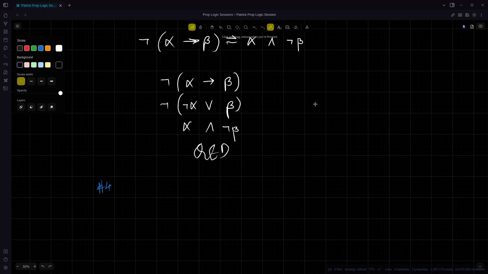And there are proof strategies. For example, let's say there's some argument: P implies Q, P, therefore Q. Okay, and then I call this into question.